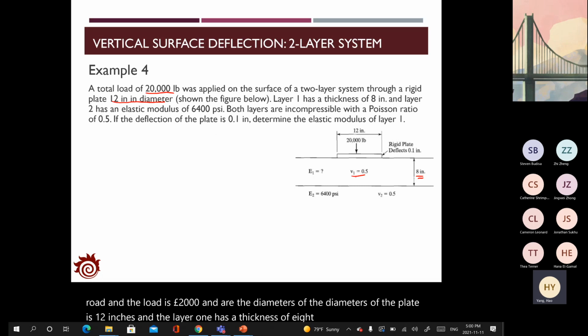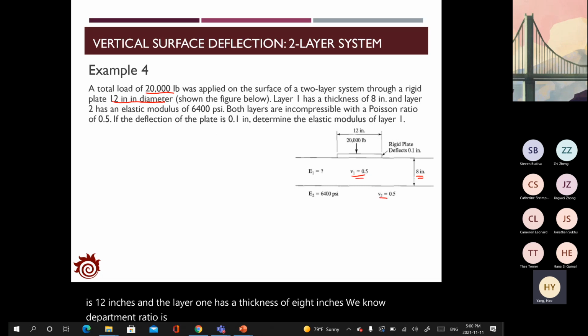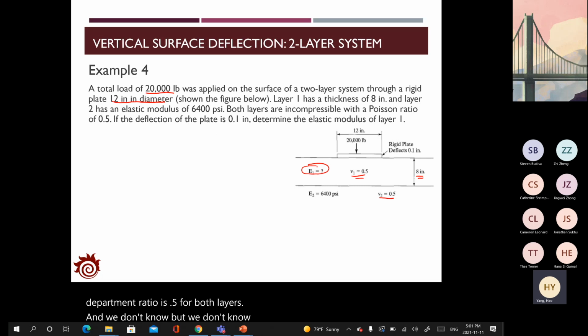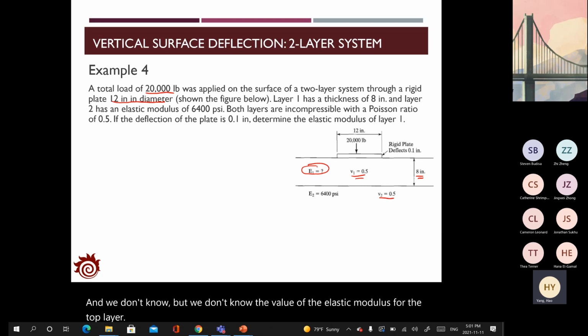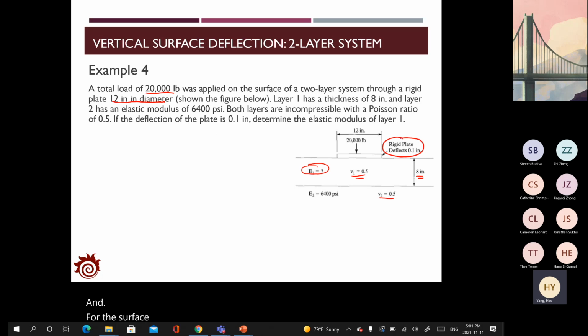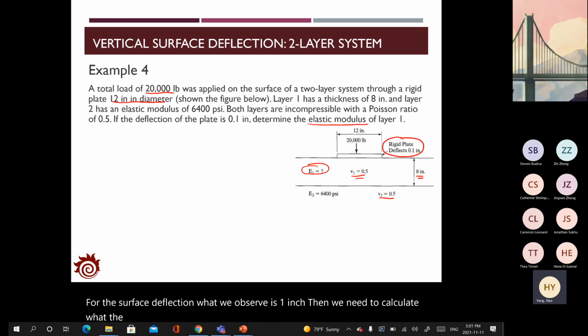We know the Poisson's ratio is 0.5 for both layers, and we don't know the value of the elastic modulus for the top layer. And for the surface deflection, what we observe is 0.1 inch. Then we need to calculate the elastic modulus of layer 1.